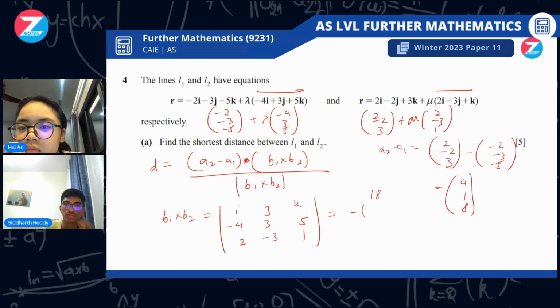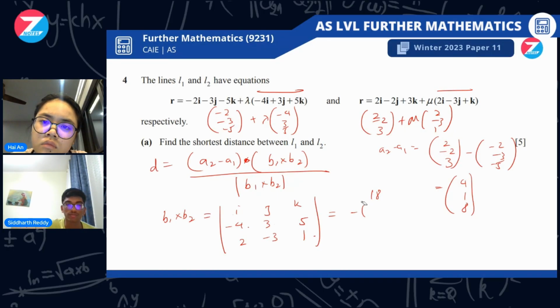And minus of minus 4 times 1 minus 5 times 2, which is minus 14.